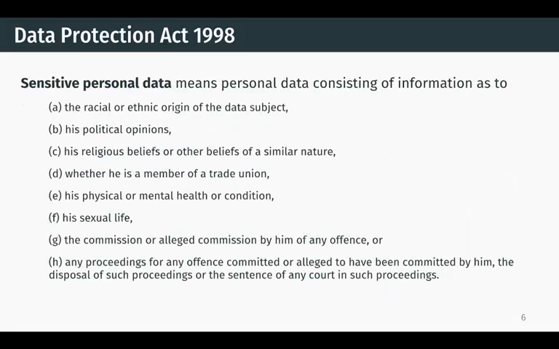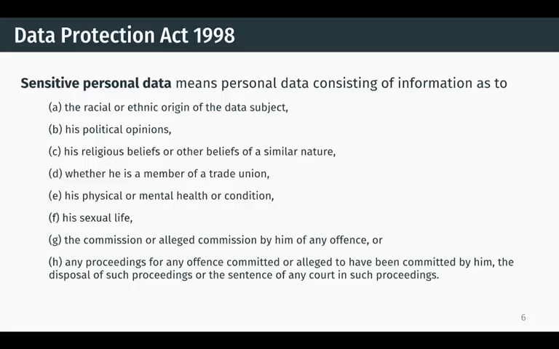Within personal data, you have what is called sensitive personal data, which breaks down into more detail the different types of sensitive data. Racial or ethnic origin, political opinions, religious beliefs or beliefs of a similar nature. Being part of a trade union, which is something people might not necessarily associate with sensitive data.